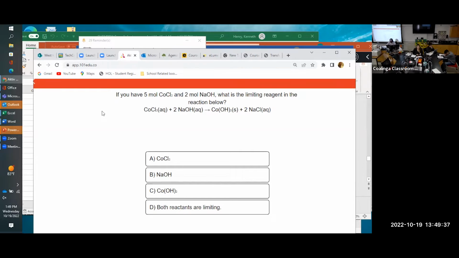Okay, it says if you have 5 moles of cobalt(II) chloride and 2 moles of sodium hydroxide, what is the limiting reagent in the reaction? Hold up. It looks already balanced, but always check it to be sure.